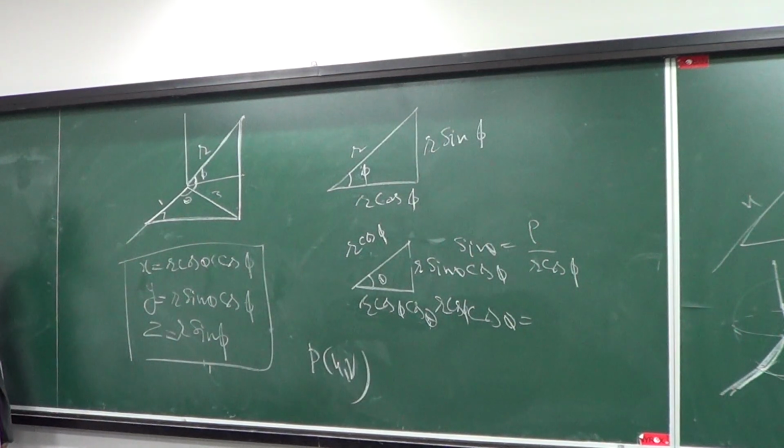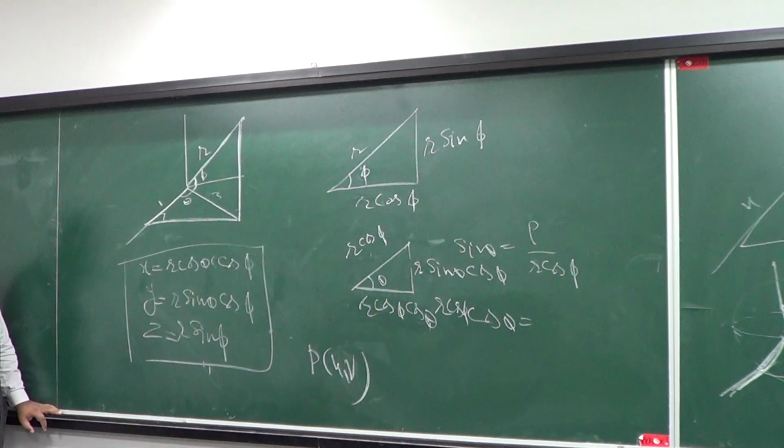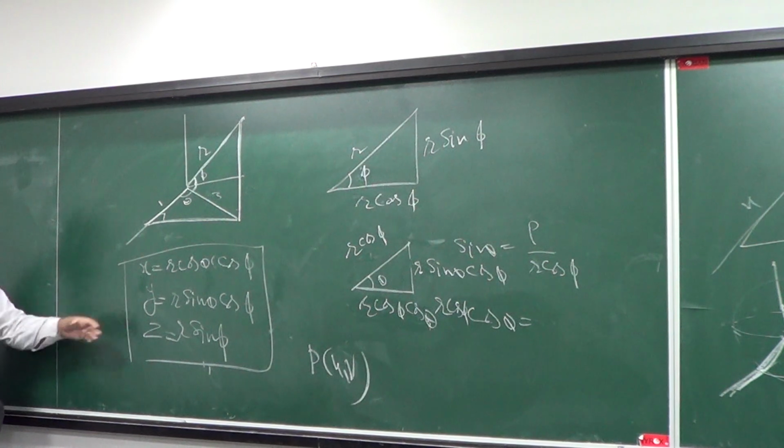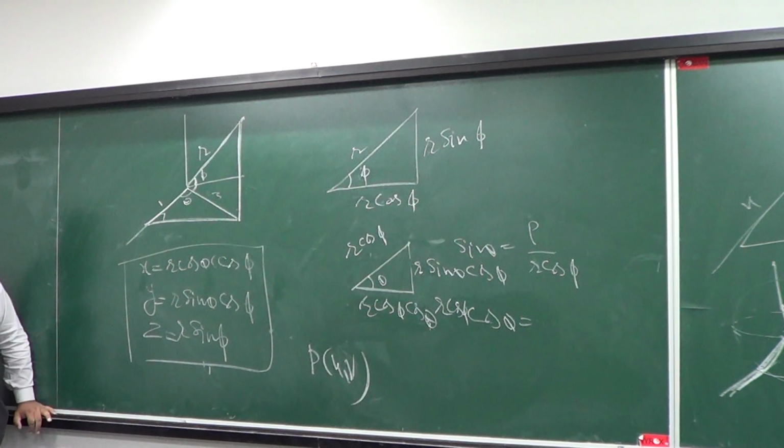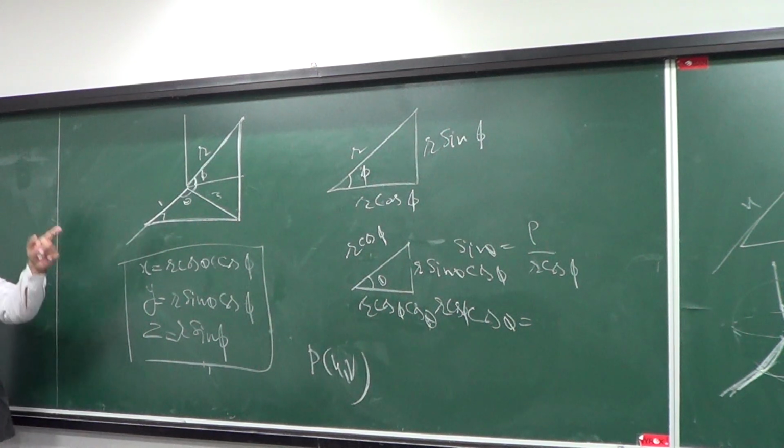And you can do the rest in the same way. For example, if you want to find r, theta and phi in terms of x, y, z, going the other way around, square these three. You get x square plus y square plus z square is r square.